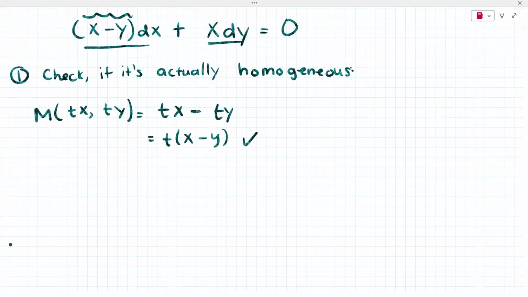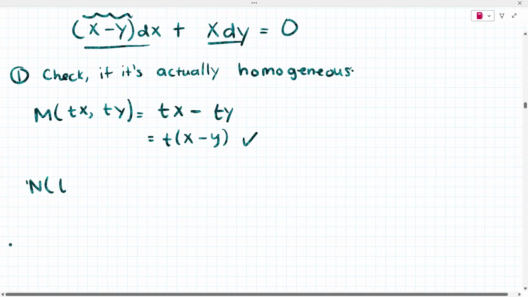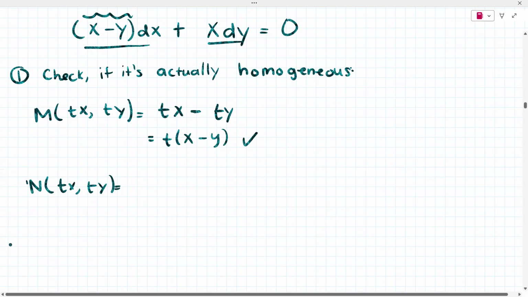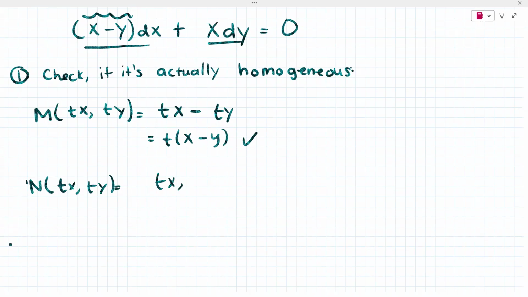What about your N? Your N is x, and we don't have a y, so you just replace your x with tx. That's tx, which is equal to t times N of x comma y.